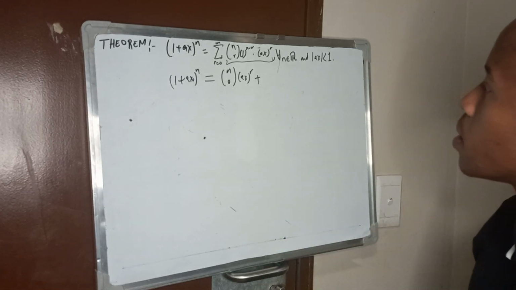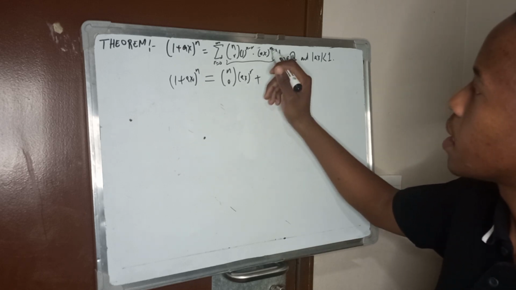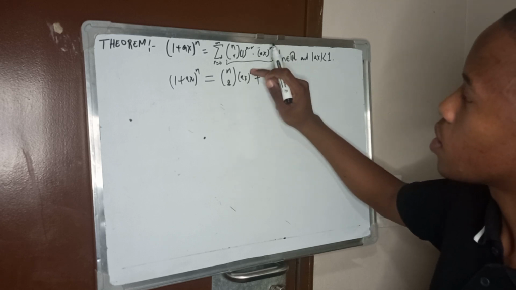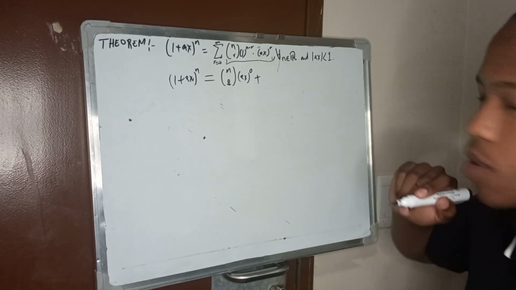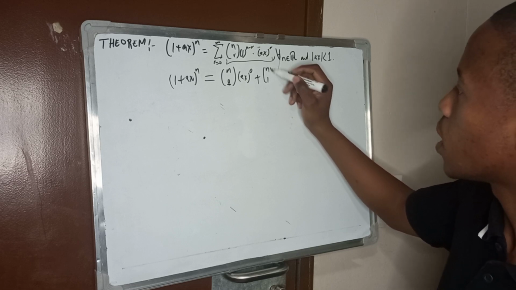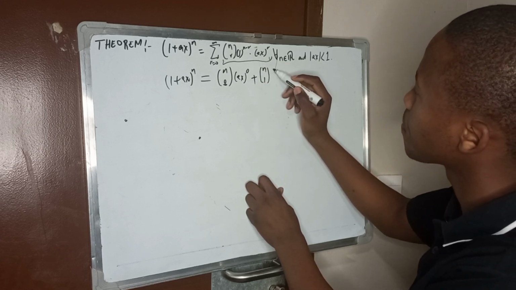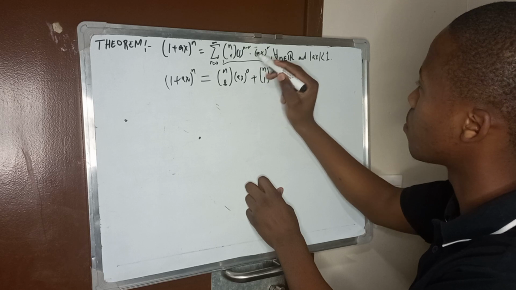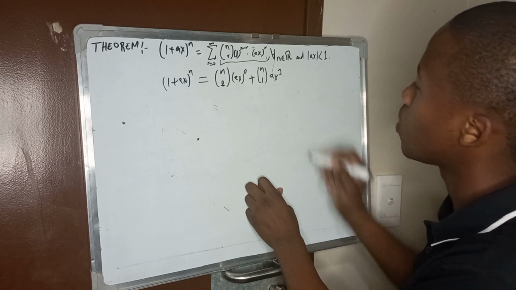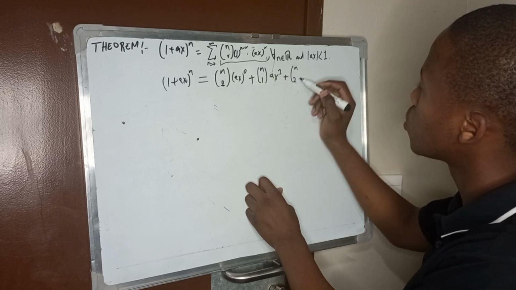Plus, okay, look at this, this is my r, so r is equal to 0. So here I'll have to the power 0, hopefully you understand. Then I'll have n choose 1, then this is nothing but 1, so I'll have ax to the power 1, plus n choose 2.